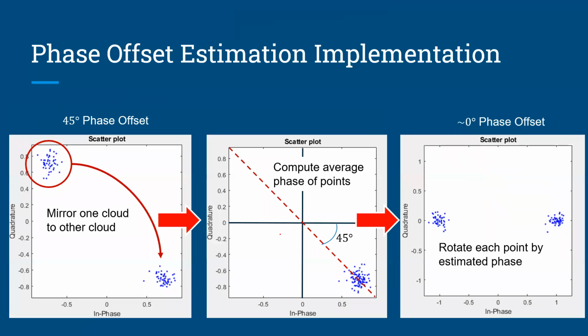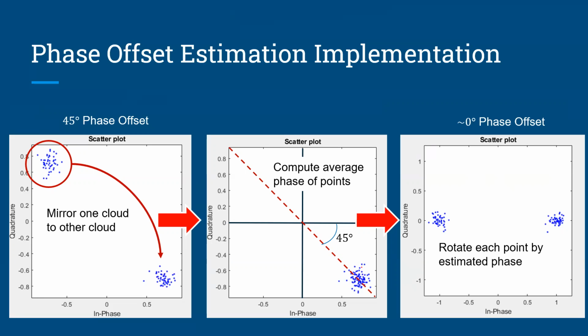A better way of doing it, at least for BPSK, if you have more complex modulations, of course, you need more complex methods, is to take one cloud of points and multiply its phase by -1, which will basically rotate it 180 degrees and bring it right on top of the other cloud of points.